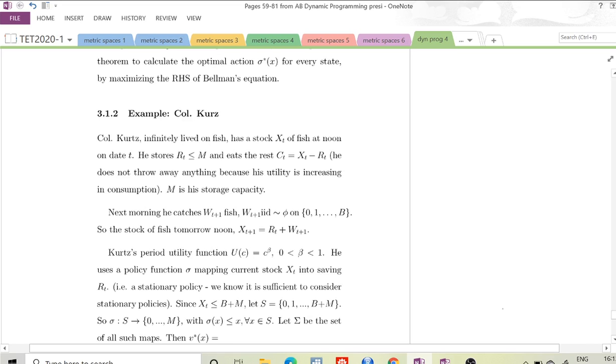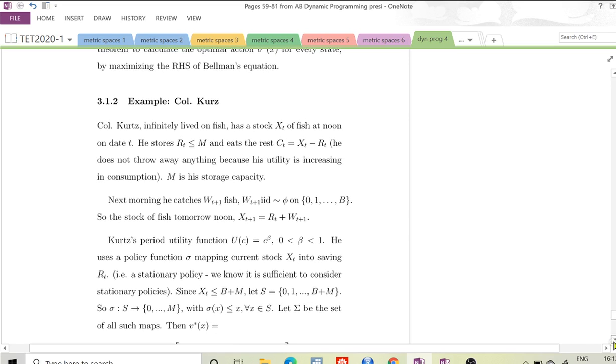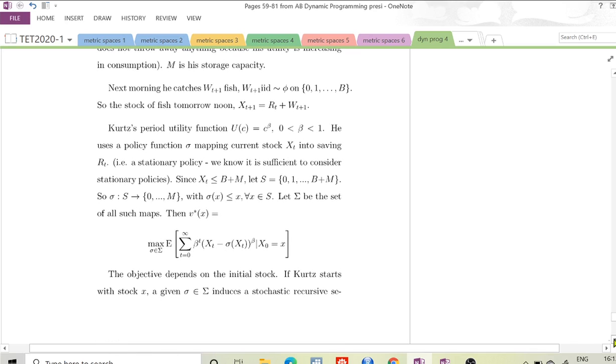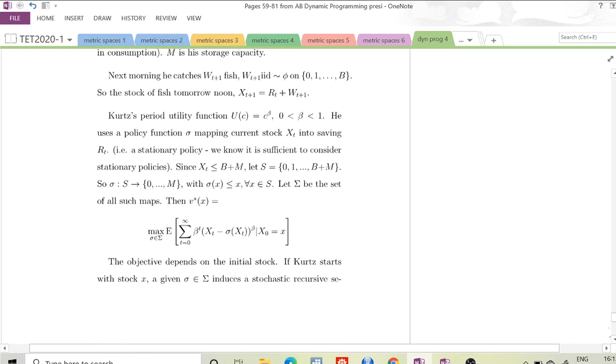So now we'll use rho for a discount factor. And we saw that optimal policy can be restricted to stationary strategies. So say he uses a policy function sigma that maps from current stock into how much to consume, alternatively into how much to save.